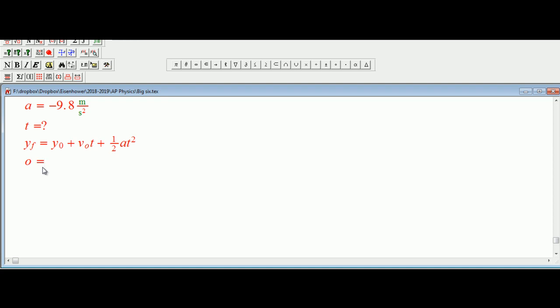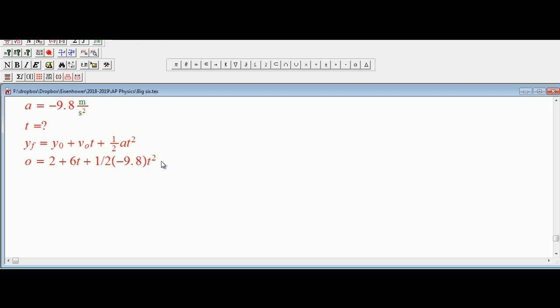My y naught is 2, plus my v naught is 6 times t, plus 1 half a t squared, and my a is negative 9.8. The problem that most of you are going to have with this is that this is a quadratic equation, and you have to go back to algebra 2 and remember how to solve a quadratic equation.